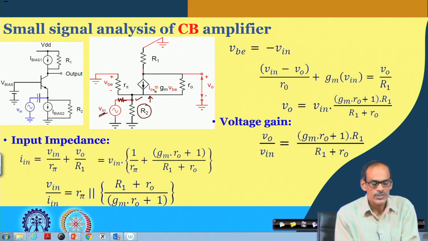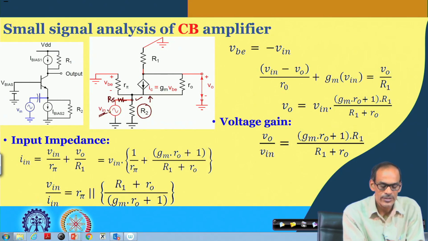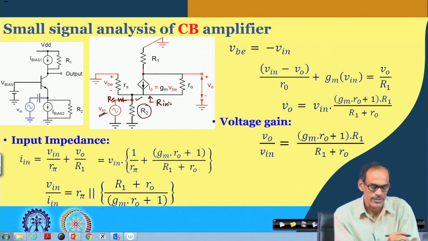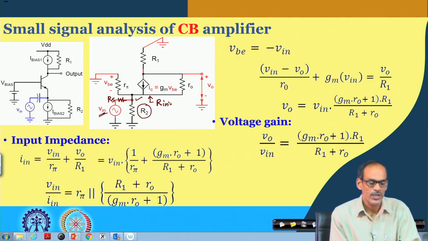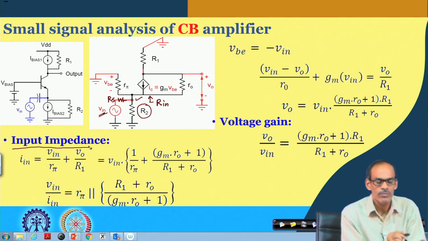But practically, if you consider the signal source resistance, and look into the input resistance of this circuit, then we will get a surprise. To get that surprise, let us look into the expression of the input impedance of the circuit.